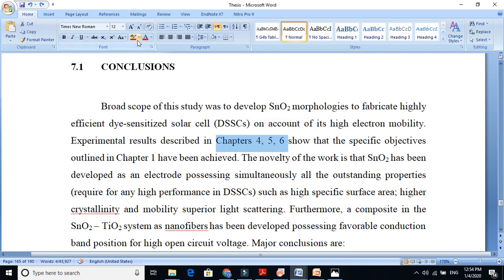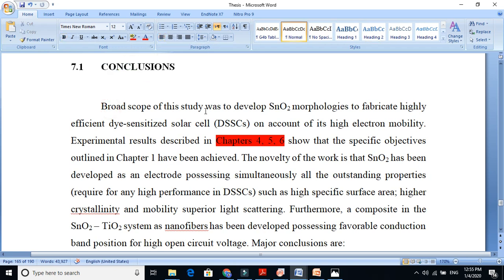In this conclusion, we do not need to write about chapter 1, chapter 2, and chapter 3. We will write just a little bit about the first chapter, the objectives, but chapter 2 and chapter 3 we will not touch, because this is the conclusion, and you conclude what you achieved during your PhD. You did some experiments, you got some results, so you are concluding that. Let's read this. So this is the conclusion basically.